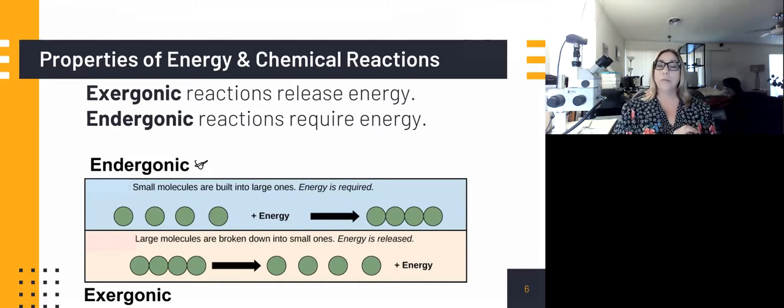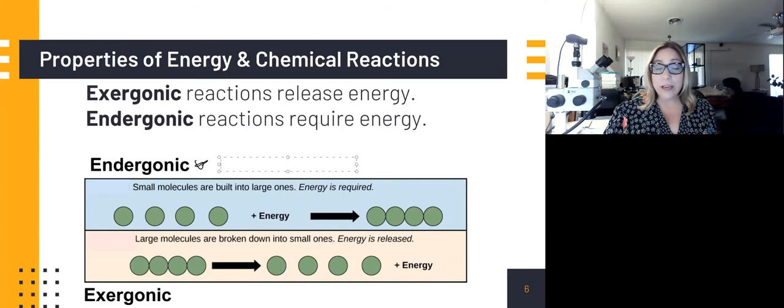So if there are many, many bonds, there's the potential to release a great deal of energy. Now, if you look at endergonic, on my slide, it says that endergonic reactions require energy.